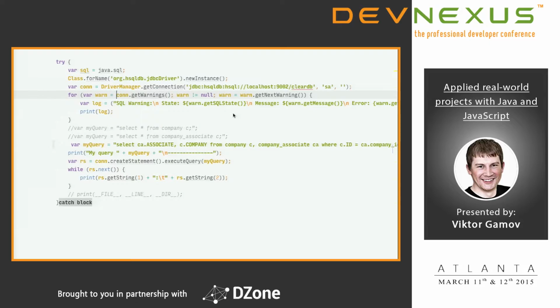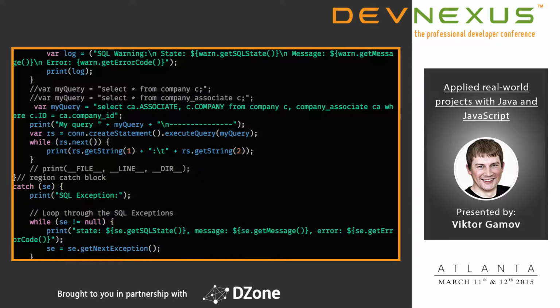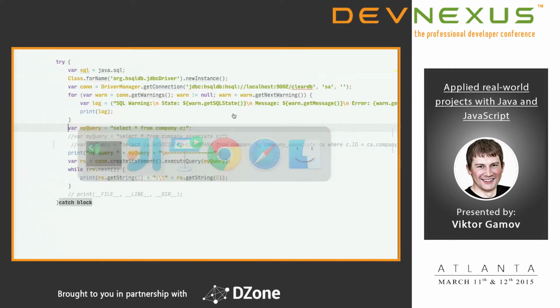And why I'm showing it to you is because I can easily modify this query, and without recompilation, without anything, I can very quickly call this database, right? And I get the results.